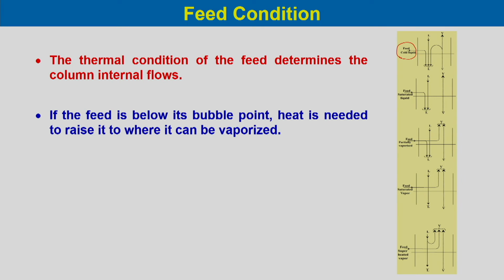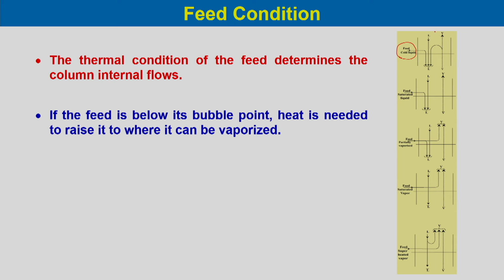Heat is needed to raise it to where it can be vaporized. So, since the feed is below the bubble point, it will need to be heated up until it is vaporized and the more volatile component comes out. So, what will happen in this case?